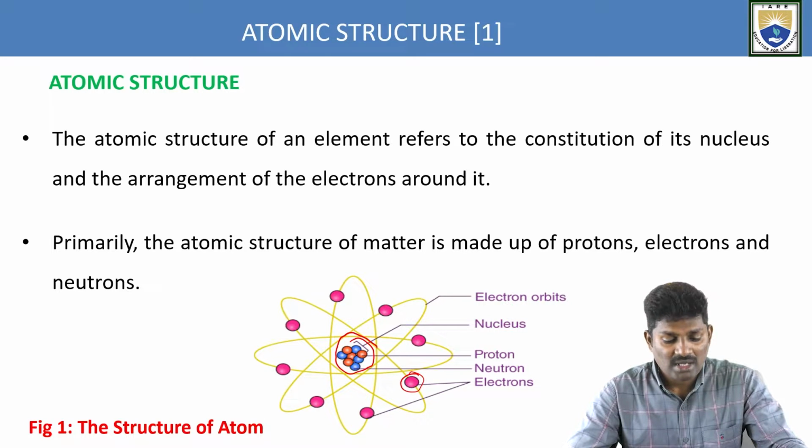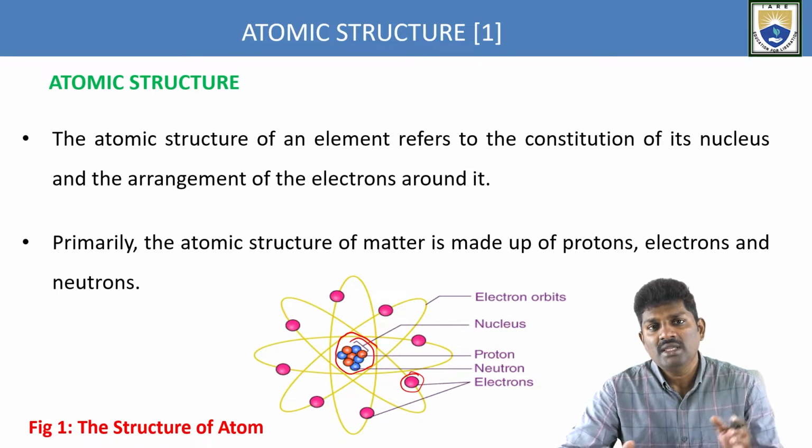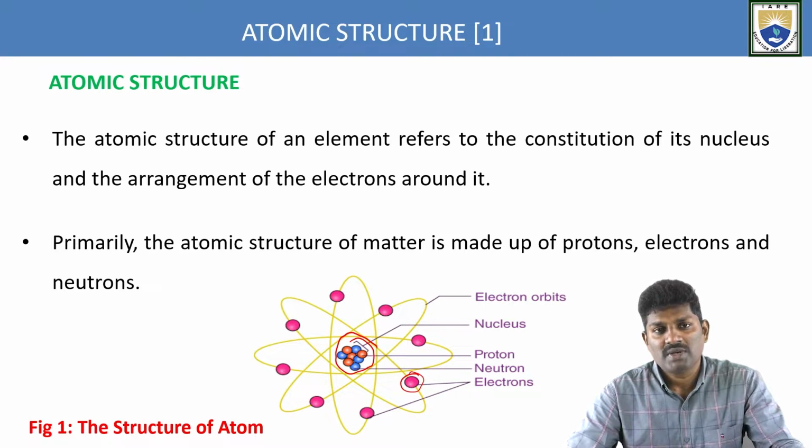Primarily, the atomic structure of matter is made up of protons, electrons, and neutrons. The complete set of all these refers to the complete atomic structure.